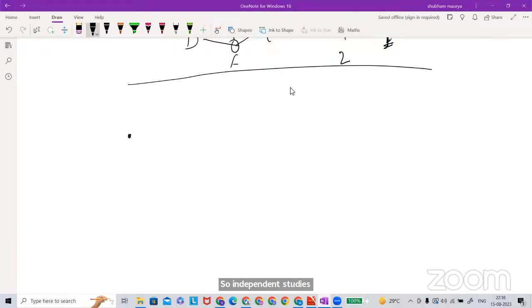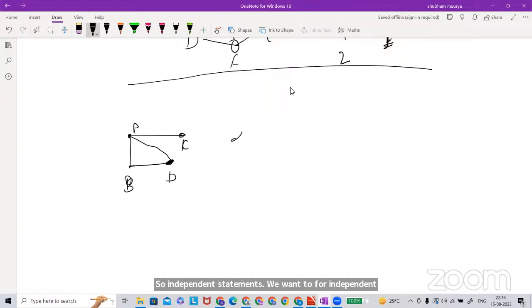Suppose you have a graph with A, B, C, D. Independent set means we have to list out a set of vertices such that there will be no edge between them.